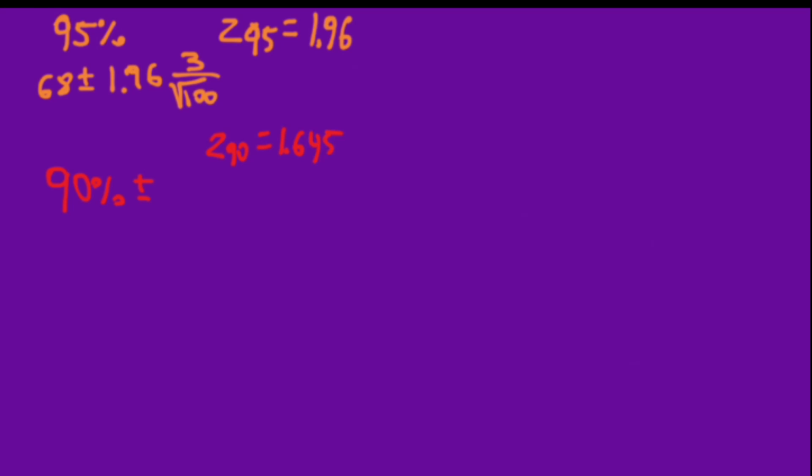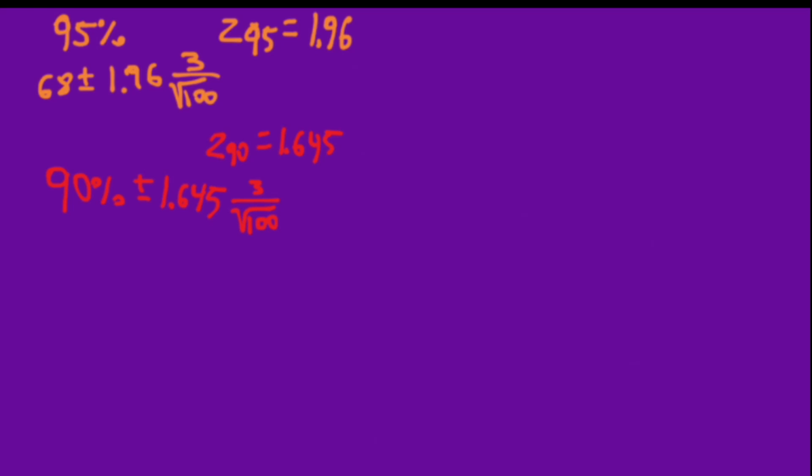We generally say 1.645 because it's right between 1.64 and 1.65 on the z table, and in fact it does come out clean as 1.645. So we just plug in 1.645. The rest remains the same, right? The standard deviation of the population is still 3, and we still sampled 100 individuals.